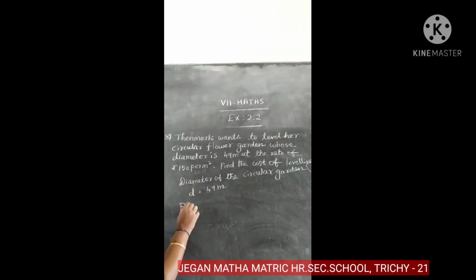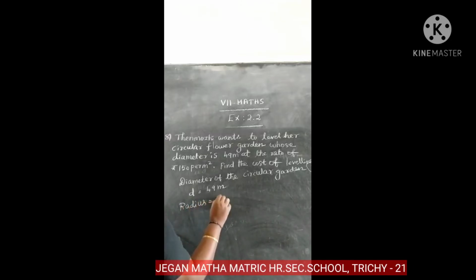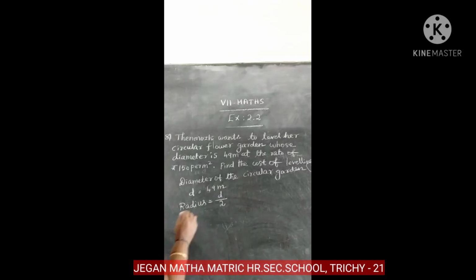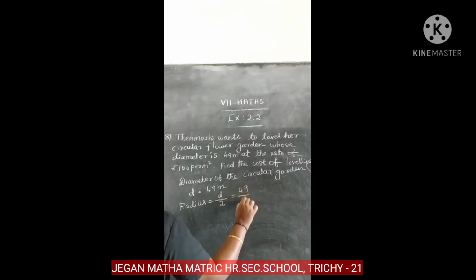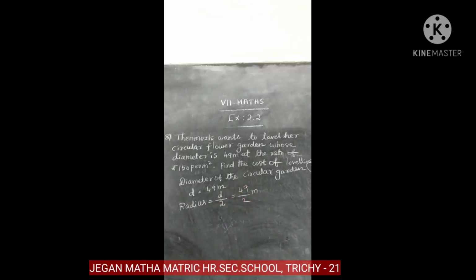So we find the radius. Already we know radius is equal to diameter divided by 2. So diameter is given, 49 divided by 2 meters, then radius.